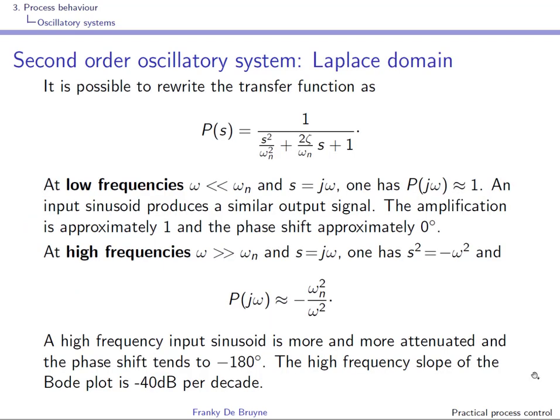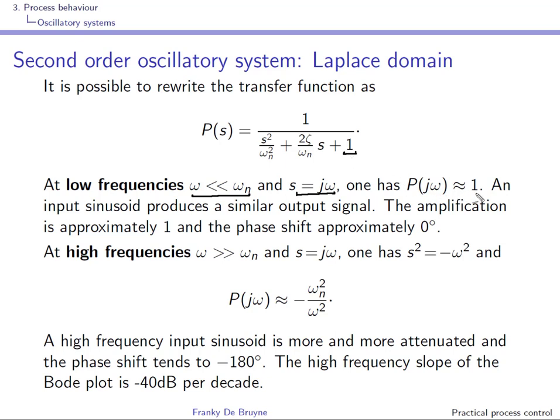We can now have a look at the frequency behavior, and for that we use the transfer function, and we divide numerator and denominator by omega n squared, and this is what you obtain. So we can then use the usual trick. We consider small frequencies here, small with respect to the natural frequency. We replace s by j omega, and if you do this at the denominator, the dominating term will be 1.